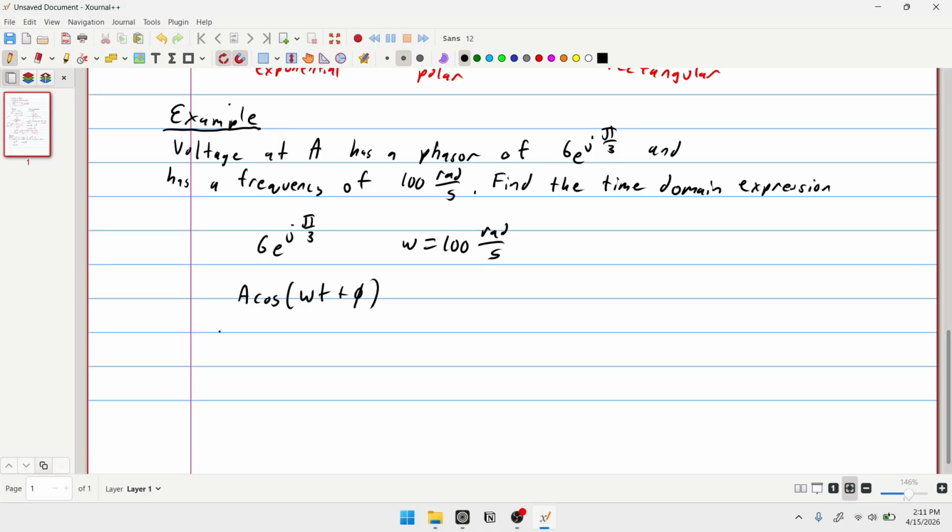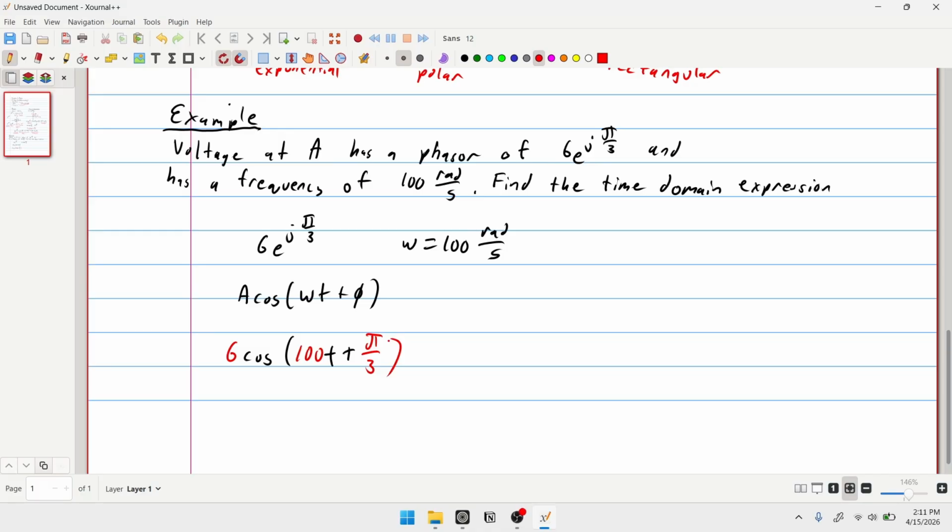We get 6 times cosine, because that's our amplitude, then our frequency times time, and then plus our phase, which is pi over 3.